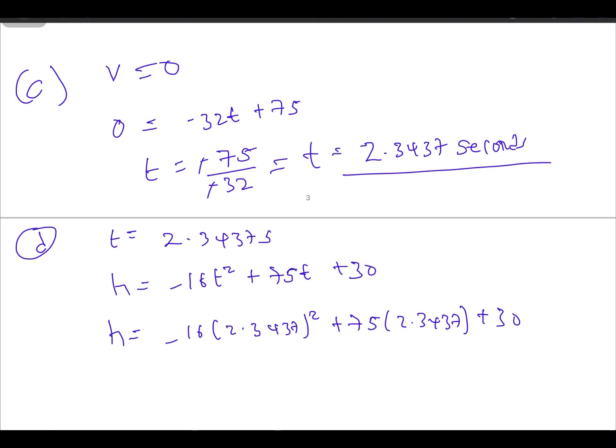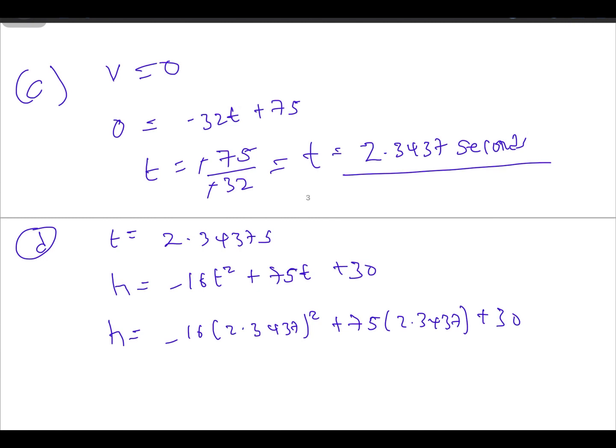If you want to use it, you can. So 75 over 32 all squared, and then plus 75 multiplied by 75 over 32, and then plus 30, and then use your calculator to confirm your answer.